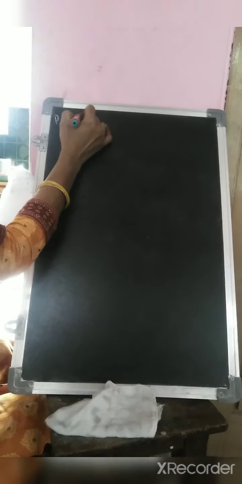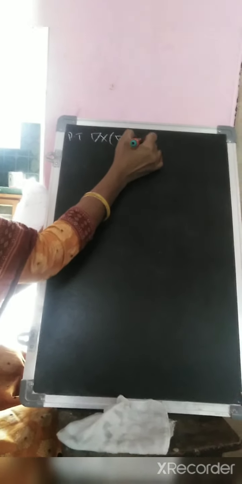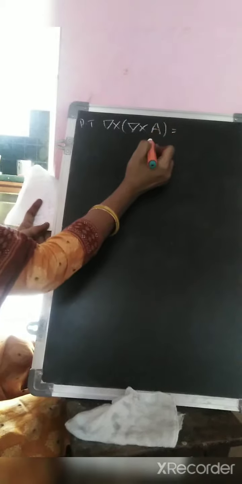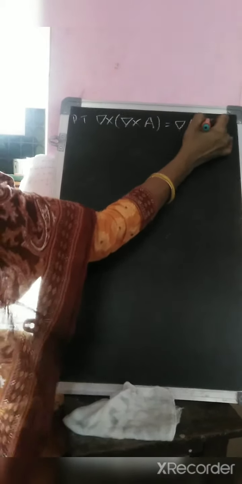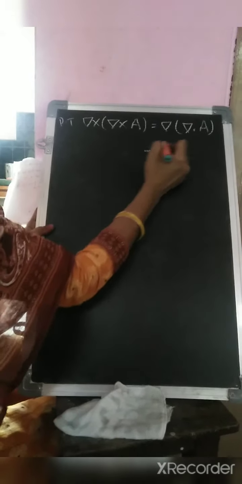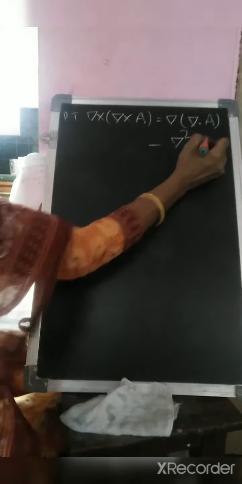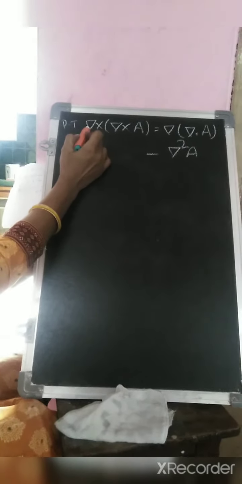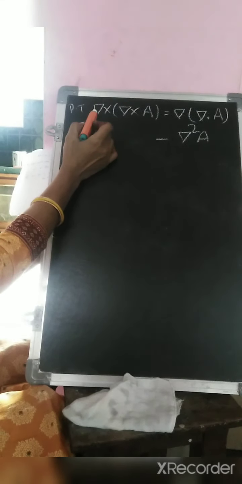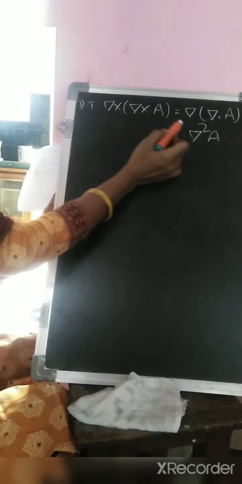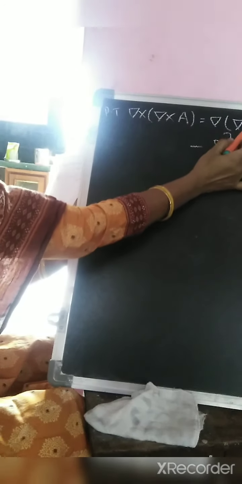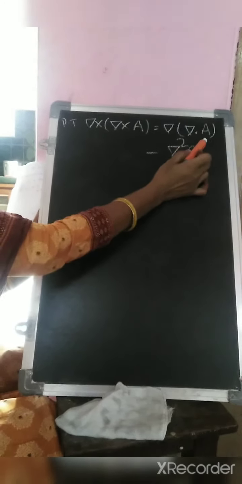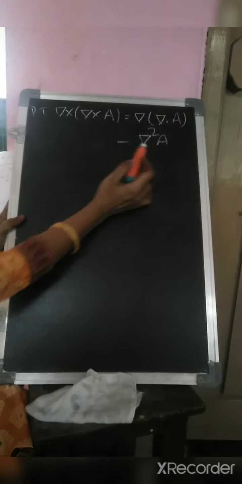The problem is: prove that curl of curl A, del cross del cross A, is equal to grad div A minus del square A. That is, del cross del cross A is equal to grad dot, meaning div, so grad div A minus del square A. We can prove that.